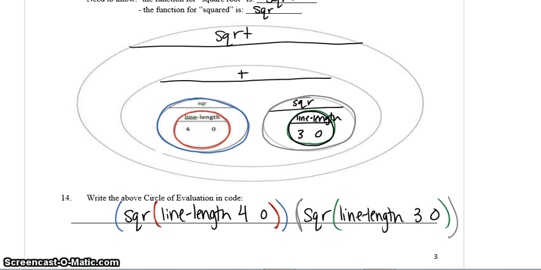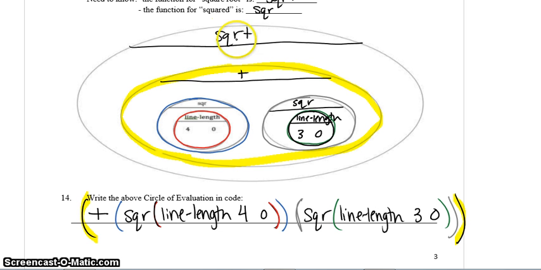Well, what happens in this circle of evaluation to those two circles, the blue circle and the gray circle? Well, they're actually being added together. So I'm going to put an addition function out front, and I'm going to use yellow parentheses to show that. So I'm going to highlight those parentheses in yellow to show that those were the parentheses for that circle of evaluation.